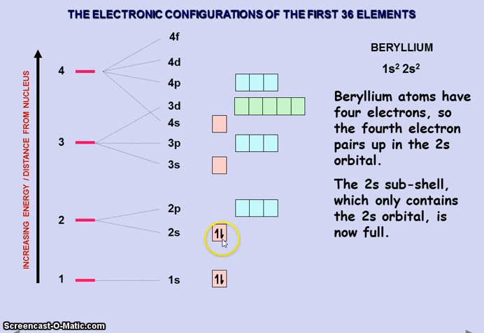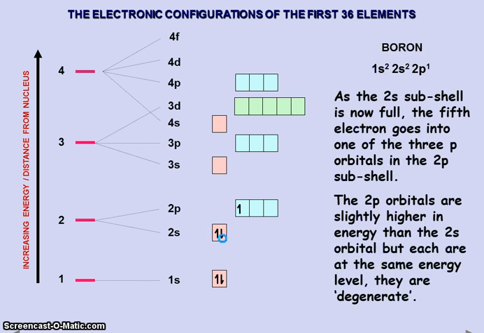Again, we have an upwards pointing arrow and a downwards pointing arrow to represent our electrons with opposite spin. Then we go to boron. We've now got 5 electrons. The 1s and 2s are completely filled, so we put our first electron in the 2p orbital.